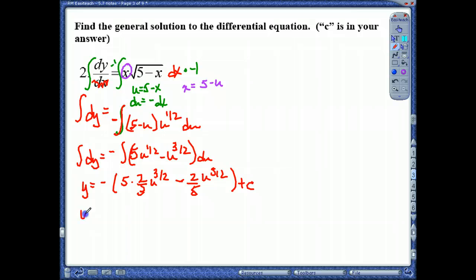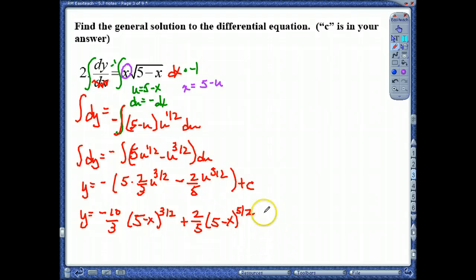I've got to take that negative through, and at the same time I need to substitute that u back out. So this is going to be negative 10/3 times (5 minus x) to the 3/2 power plus 2/5 times (5 minus x) to the 5/2 power plus c. Yay!